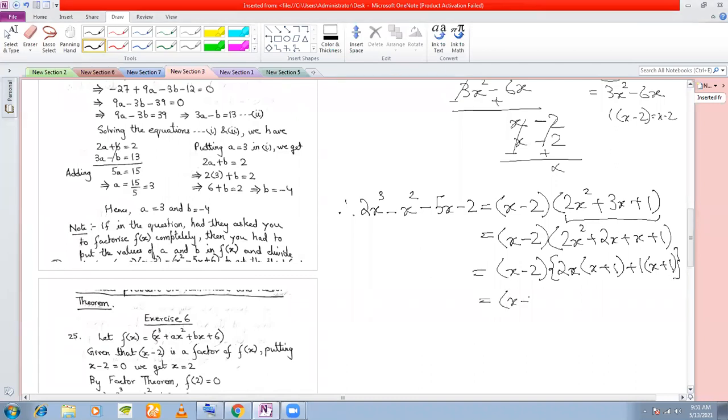So therefore, x minus 2 you already had, and from these two, you have x plus 1 and you have 2x plus 1. So what do you see? You see you've got 3 linear factors. Because the power of x here was 3, you have got 3 linear factors. x to the power of 1, x to the power of 1, x to the power of 1. Okay. So that is it for this problem.